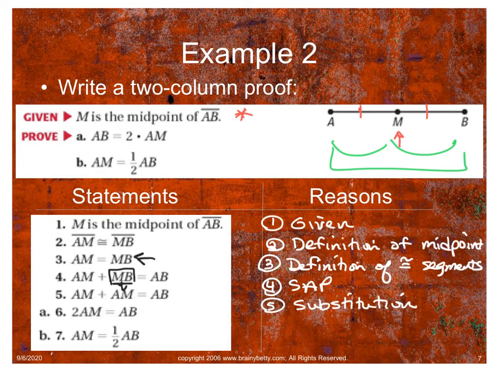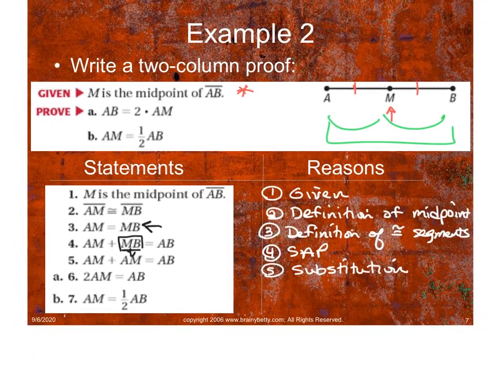And now in step 6, what they did was they combined like terms, so they simplified. We added 1 AM plus 1 AM and got 2 AM. And now to go from step 6 to step 7, they've divided both sides by 2.